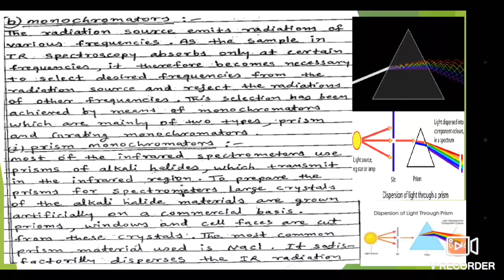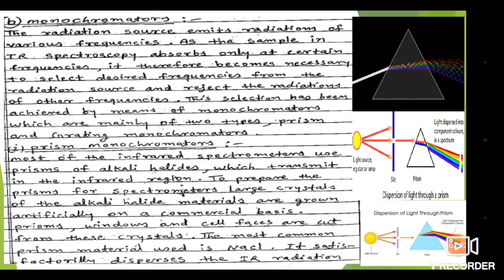What is a monochromator? Mono means single, chroma means color. So we get single color, single wavelength light. That type of light is known as monochromatic light. The apparatus used to get monochromatic light from polychromatic light is known as a monochromator.